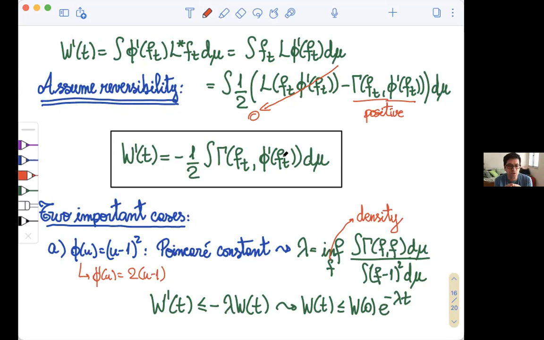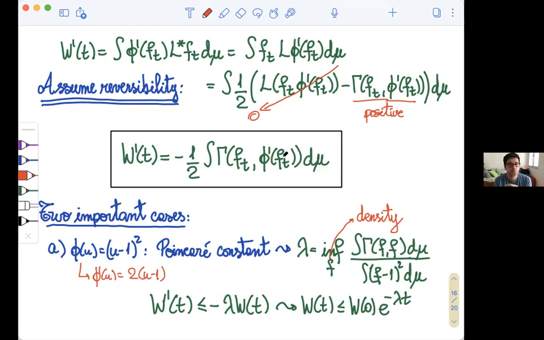It's a little bit silly because the Poincaré constant may be small since I'm considering densities that I will never see on my process. So here there's always a trade-off.